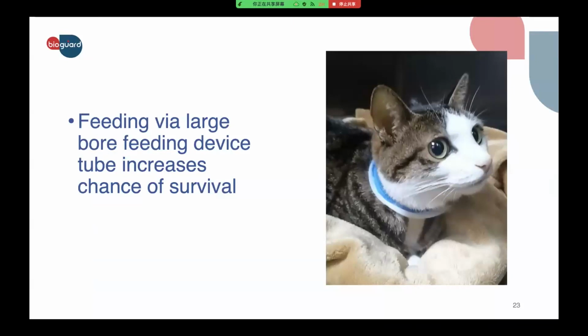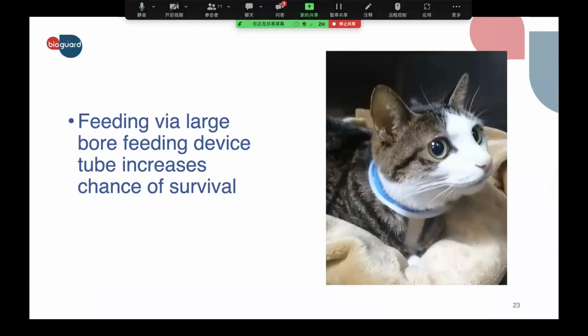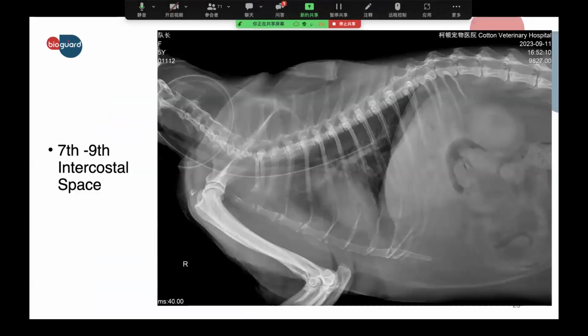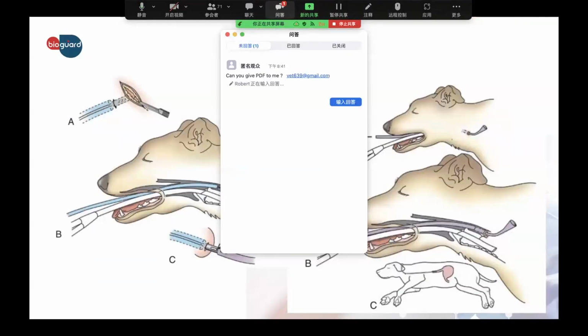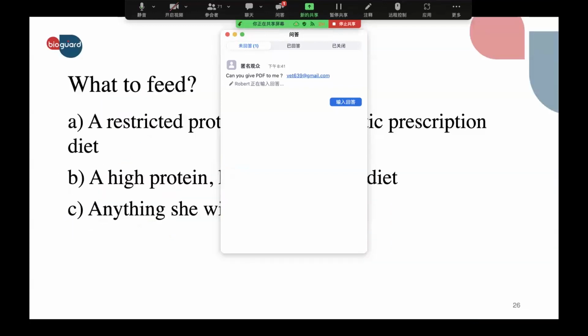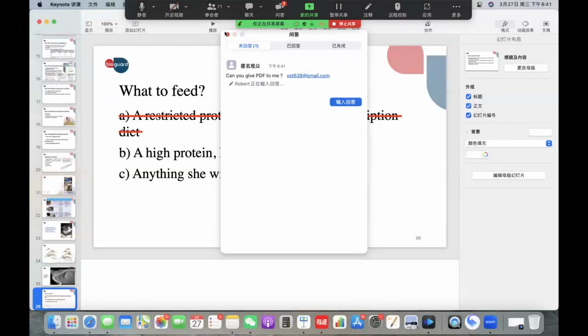Also, feeding via a feeding device tube will increase the chance of survival. Here I'm going to show you how to place the feeding tube.